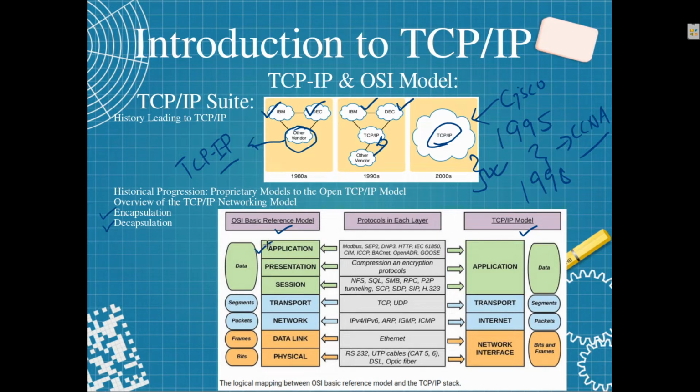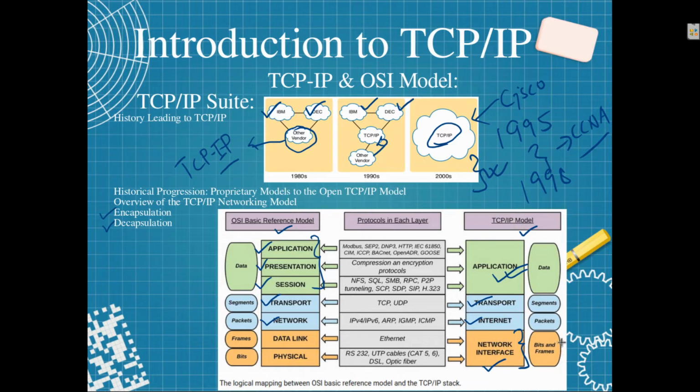The application, presentation and session layers are collectively called the application layer in TCP/IP. Then the transport layer is also transport layer here, the network layer is the internet layer, and the data link and physical layers come under the network interface. So we have 4 layers.